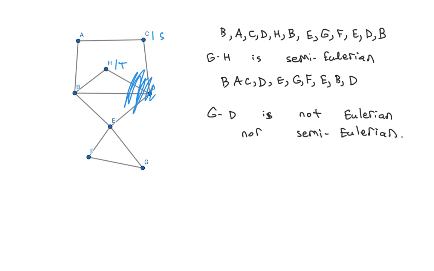And so then we see that you have to get through every edge. So in particular, somewhere along the route going from C to H or vice versa, we'd have to go down this path to E. But then we see that we're stuck because we can loop back around, but then we end at E. And so we fail to end at the 2 vertices we need to end at. So this graph is not Eulerian and is not semi-Eulerian.